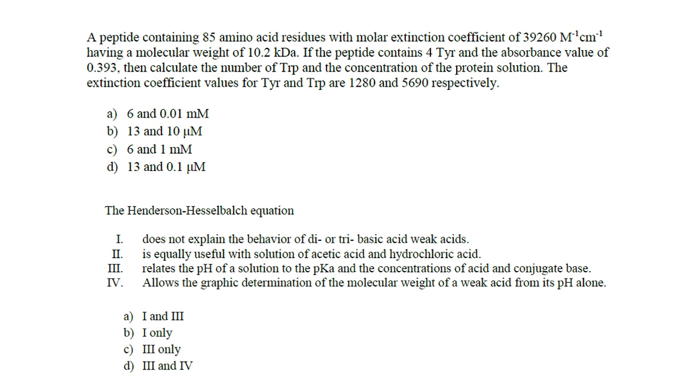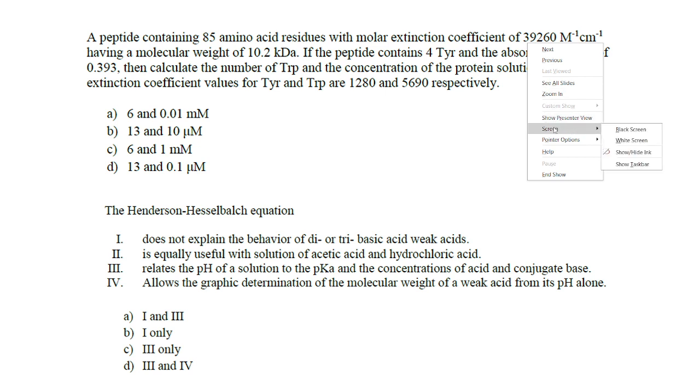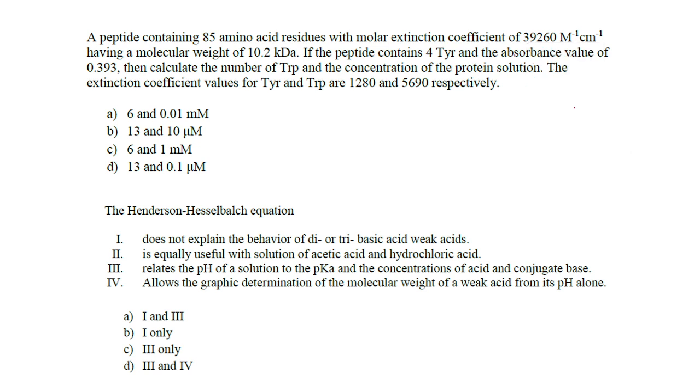solution. So you see that the eta value is already given over here. It says that you already have 4 tyrosines, so eta equals 4 into this value, plus x into 5690.